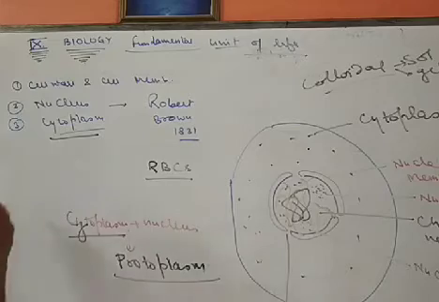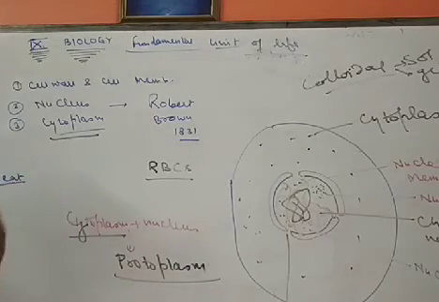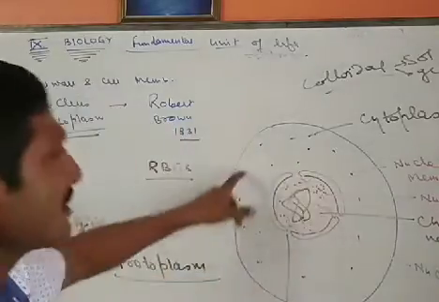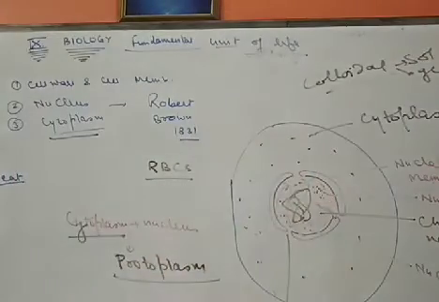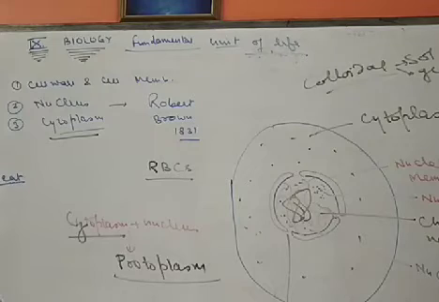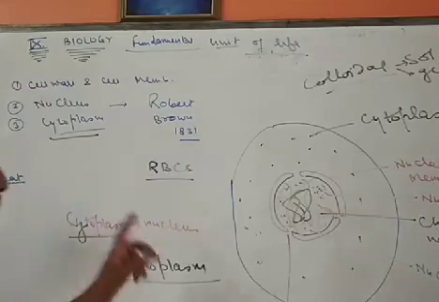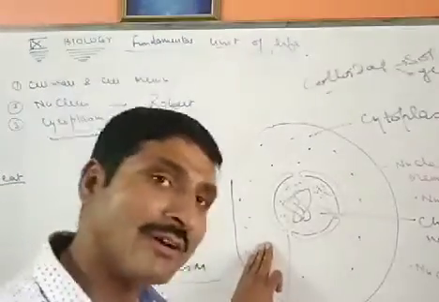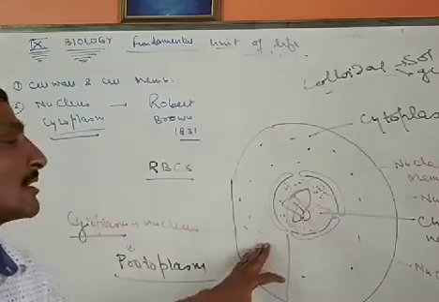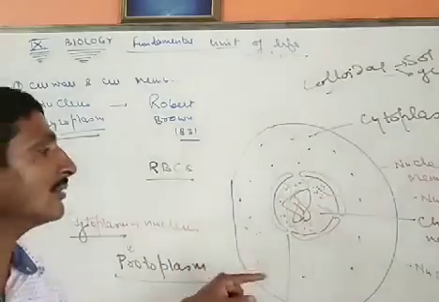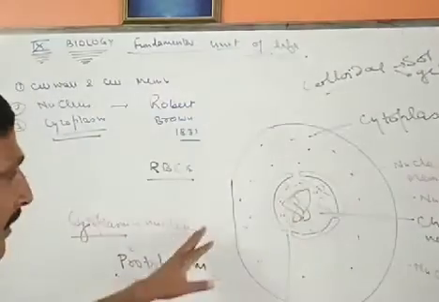Cytoplasm is a seat of various metabolic activities that occur inside the cell. Moreover, cytoplasm contains various cell organelles which perform different functions in a cell. We will discuss the function and structure of all these cell organelles in coming lectures.